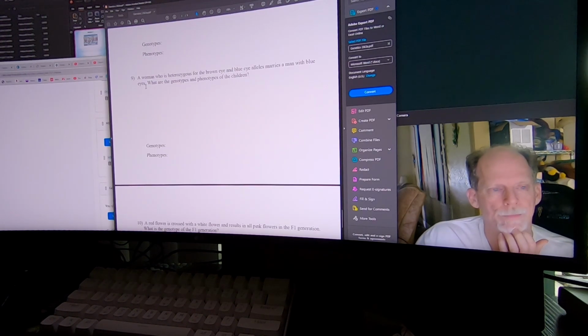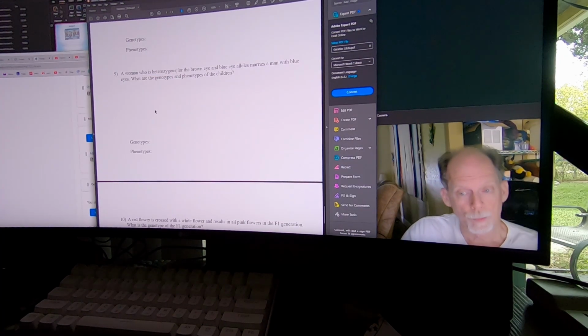And the question will tell you to write down a cross, which would mean, in this case, a woman who's heterozygous, meaning, if you're using brown eyes, she'd be big B, little b. Blue eye would mean 2 little b's. So you get 2 points for the cross. It'll say it on the exam when you take it, right?